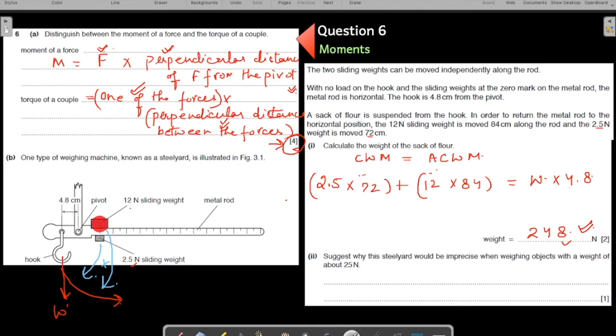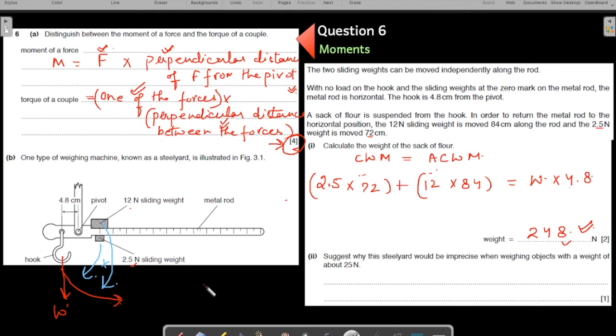So why would it be imprecise? Because then you'll have to slide it by a very tiny length or distance every time, and reading the scale becomes difficult. It has to be slid by a very tiny bit every time, so the reading will become difficult.